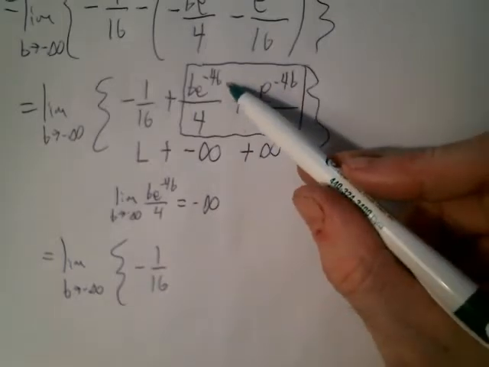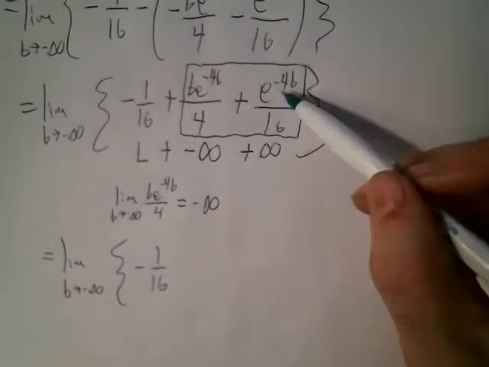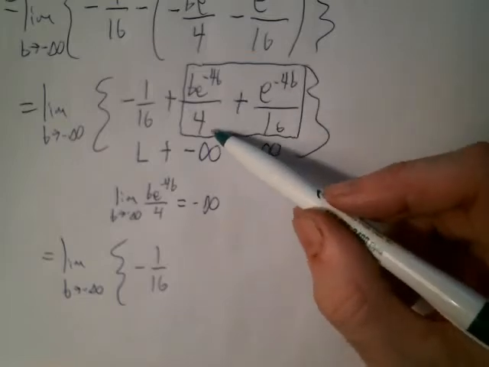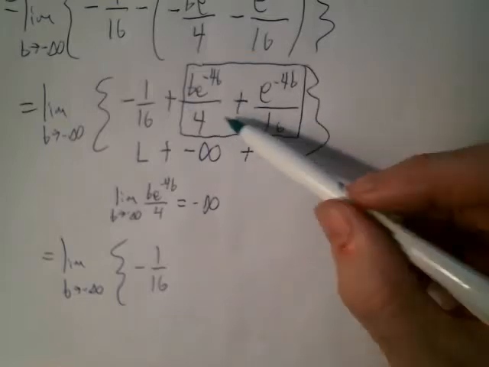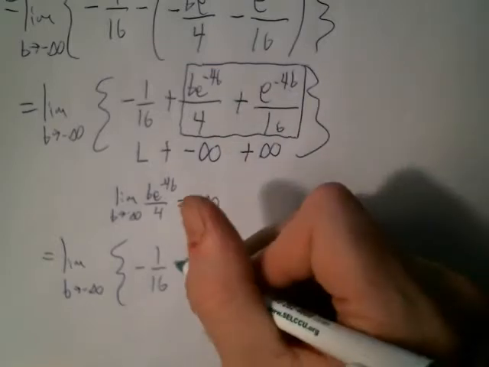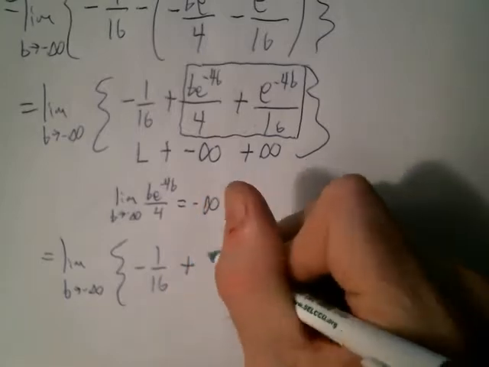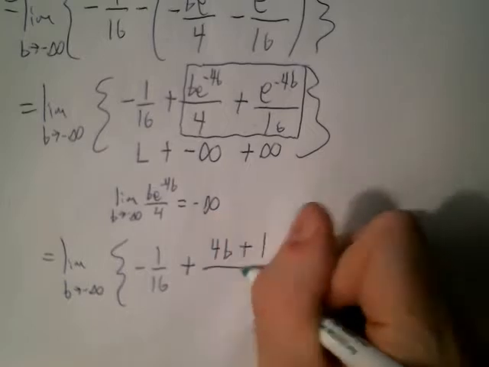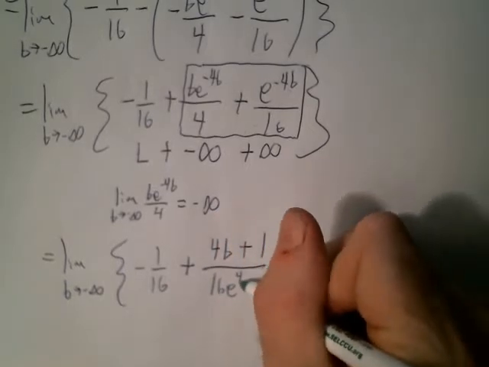If you have a negative exponent, it's really in the denominator. So really both of these guys have e to the negative 4b in their denominators. And then to get a common denominator, all I'm doing is multiplying this top and bottom by 4. Okay, so I'm going to go plus 4b plus 1 all over 16e to the 4b.